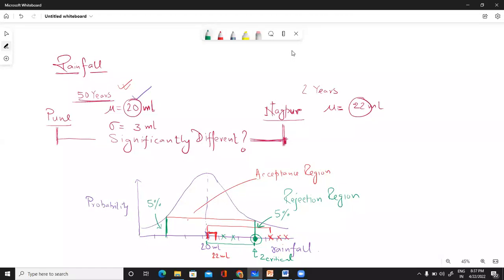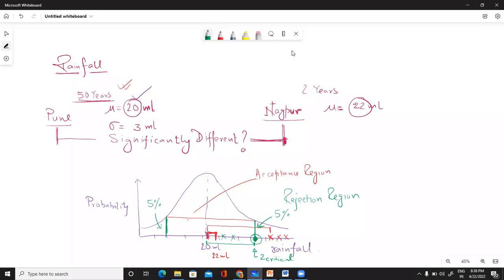Think of what we did in normal distribution problems. We want 5% only towards the right. So we find the area towards the left, then we can subtract it from 1, and that will be the area above. Here the 5% is already given.